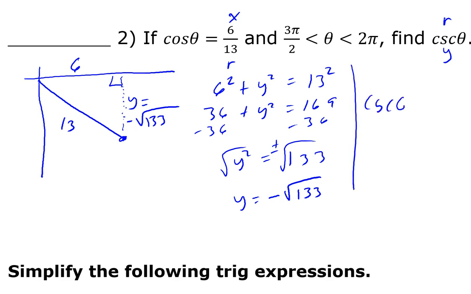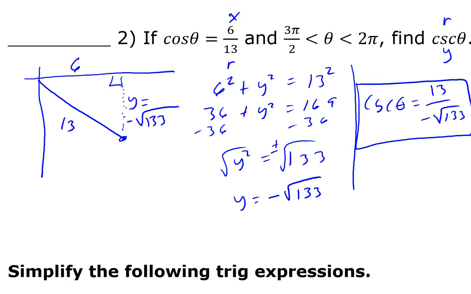So cosecant theta should equal negative radical 133. Nope, that's supposed to be the radius. It should be 13 over negative radical 133. And so that is one version of the answer right there.